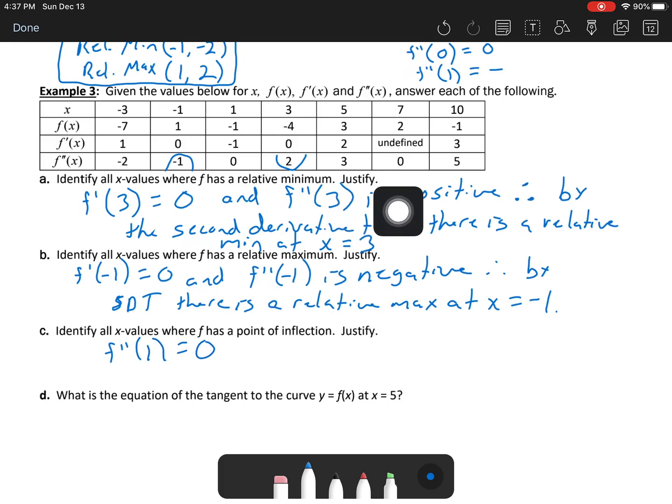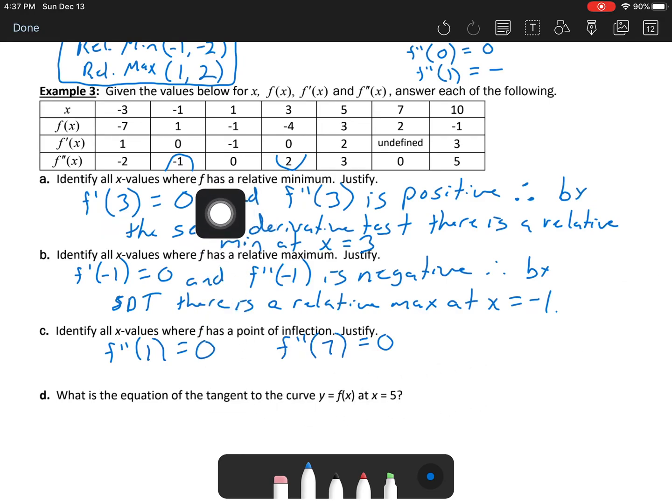So we've got that possible one there, and we also have at 7 here, a second derivative equal to 0. So f double prime of 7 also equals 0.